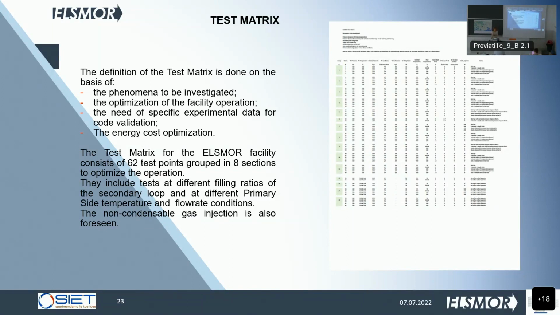And also another point that in general needs to be checked is the cost of energy. In this case, we don't have very big energy to be used. It will be less than 1 megawatt.